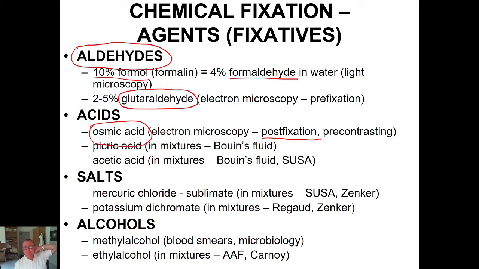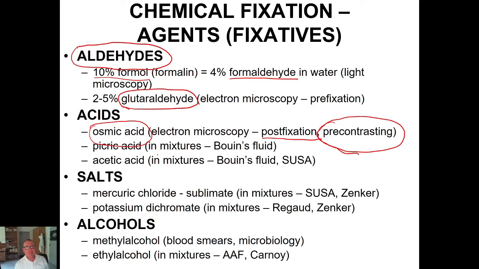To bind osmium into other specimen, we can use this osmic acid during fixation, and that's why this step is also called pre-contrasting. So the first step of contrasting of the tissue is done already during its fixation.